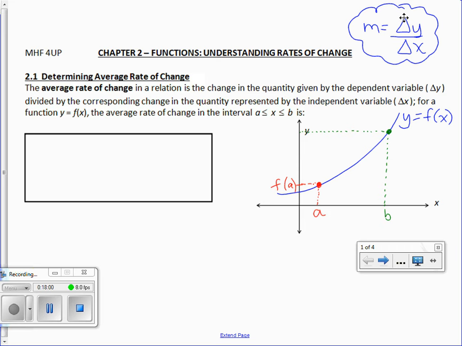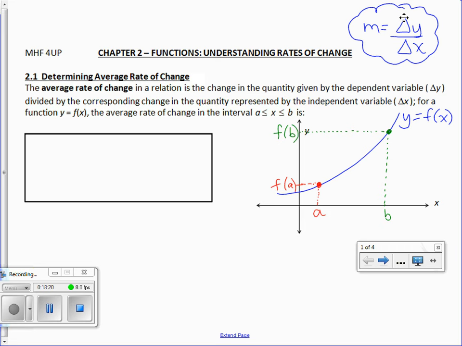So if this is at B, the y value here is f at B. If I want to find the average rate of change, I want to find the change in y over the change in x.